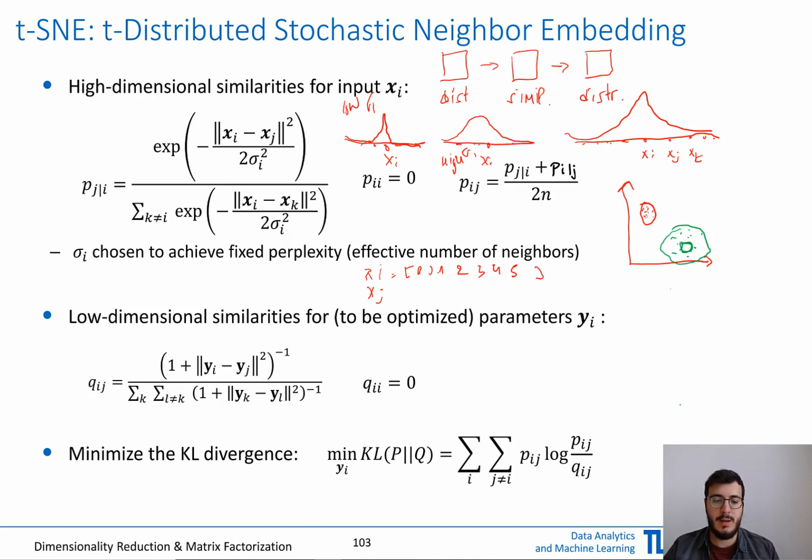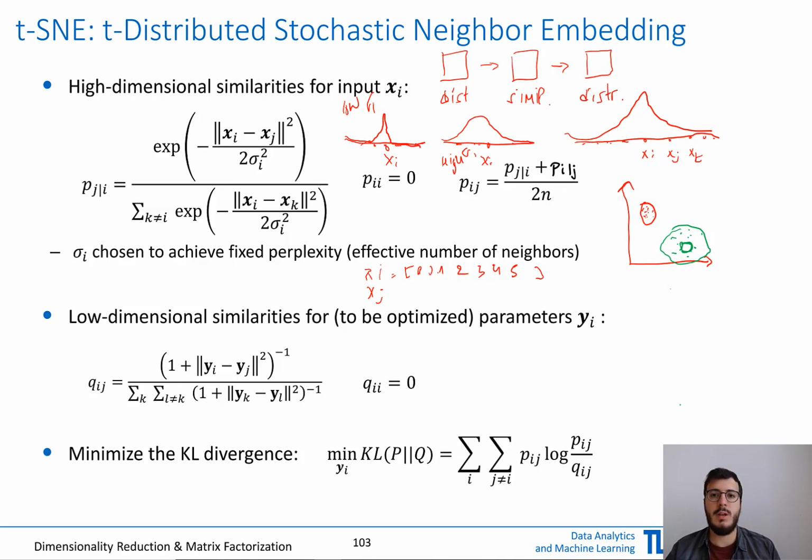Okay, so now we know how to set the sigma i's, and we know how to compute the p of i given j's, and given those also the pij's, essentially the distribution over all pairs i and j. What we do next is we start with some parameters. These can be low dimensional parameters where we have one parameter for each data point.